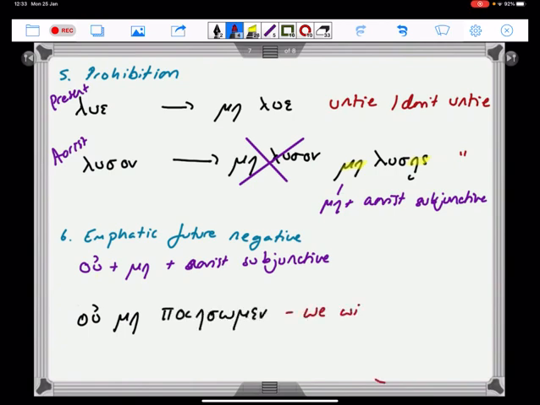We will surely never do. Let's put an object in, touton, these things. So ou plus me plus an aorist subjunctive are going to give you an emphatic future negative. There aren't very many of these in the New Testament, in the region of 80, but they do occur and they are really important.